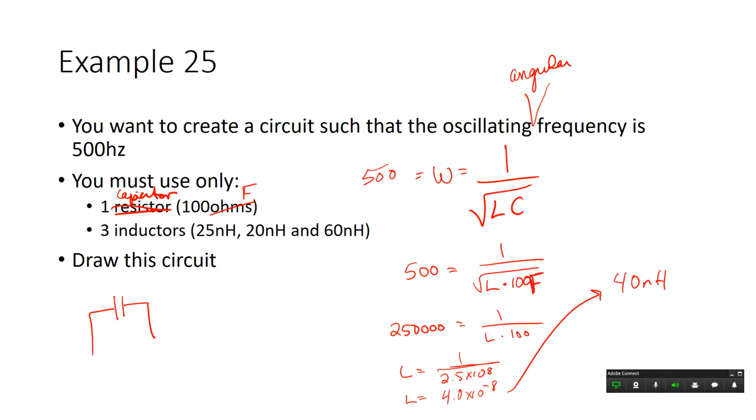So here's my 100 farad capacitor, my inductor at 25 and then another inductor here, and another inductor here. This one's going to be 20, and this one's going to be 60. Nanohenry. Does that make sense?